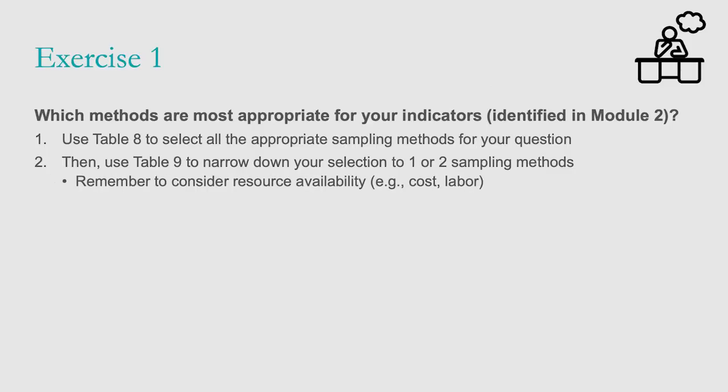To answer this question, use Table 8 to select all the methods appropriate for your indicators. Then narrow down your list using Table 9. Select 1 or 2 sampling methods you think are most appropriate for your question and context. Keep in mind how available capacity might affect your decision. Please pause the video now. Once you are done, we can move on to the second participant exercise.